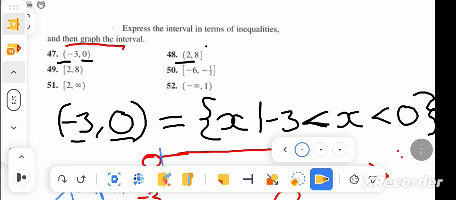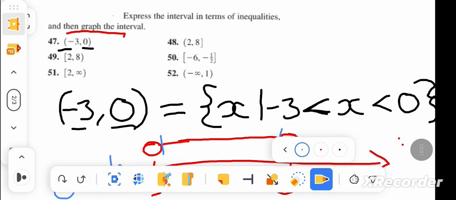Now let's also work out question 49, which says we have a square bracket, then we have 2, comma 8. Then we are going to write the inequality, and from there, show it on a graph or on a real line.